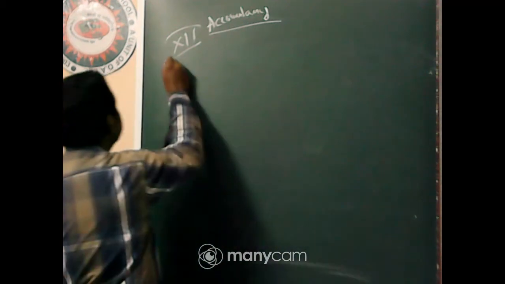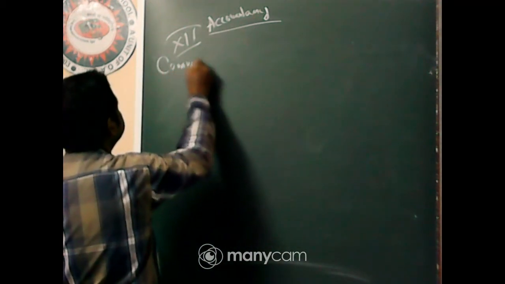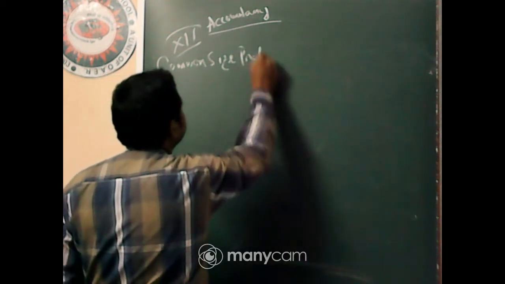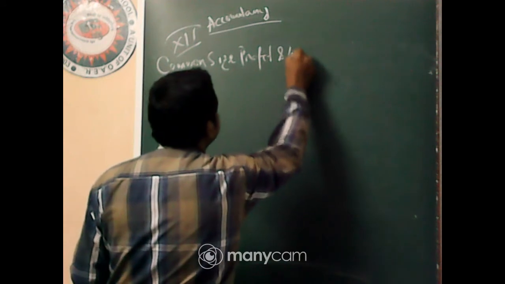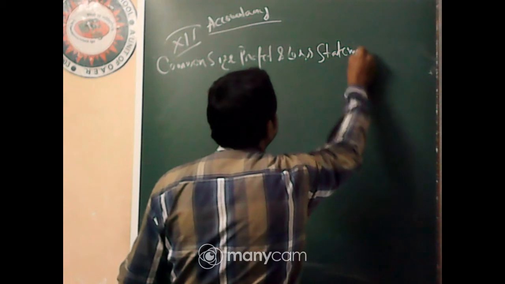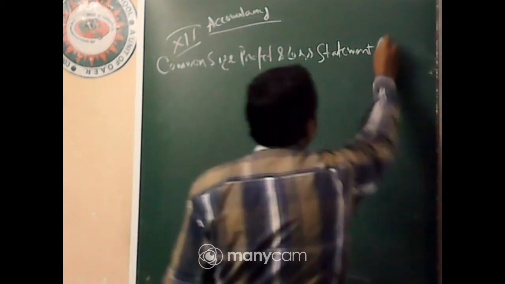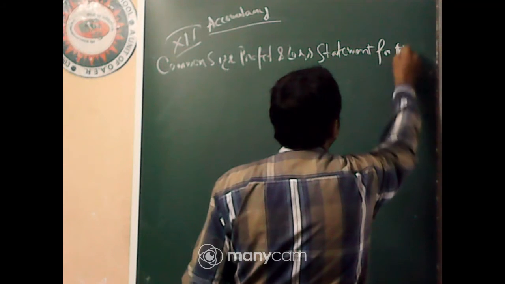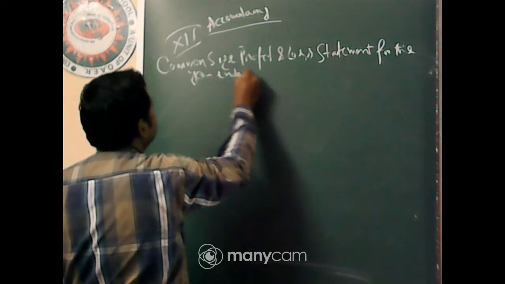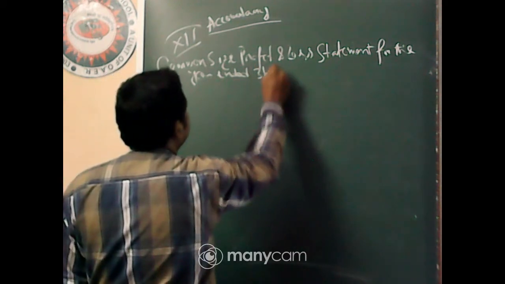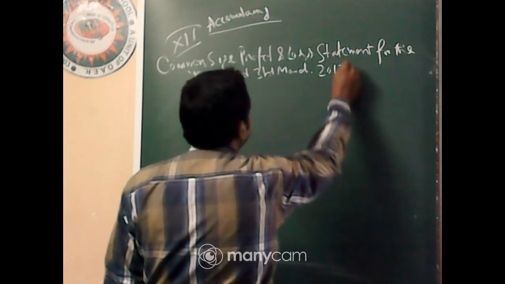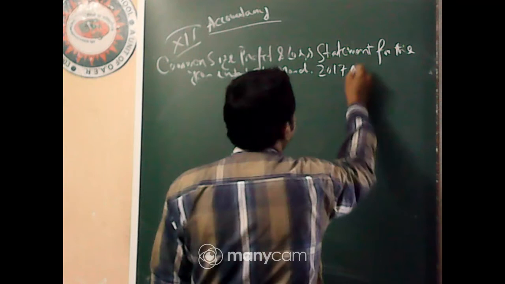Now write common size profit and loss statement for the year ended 31st March 2017 and 2018.